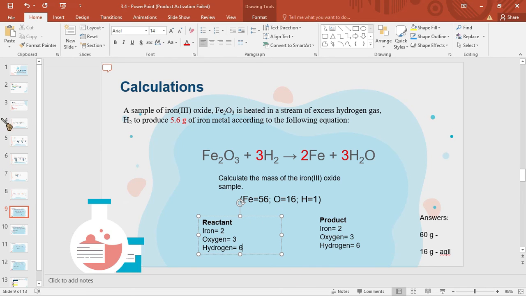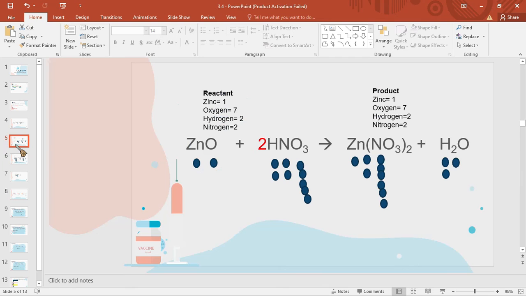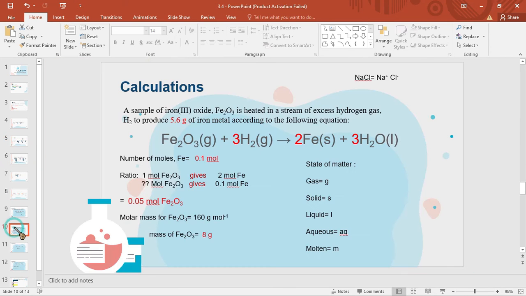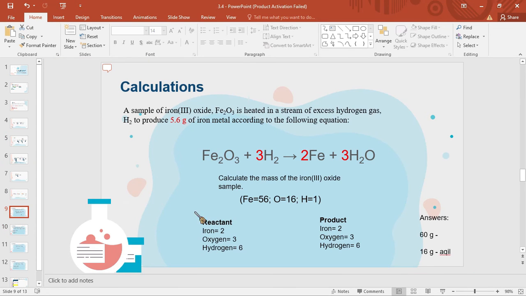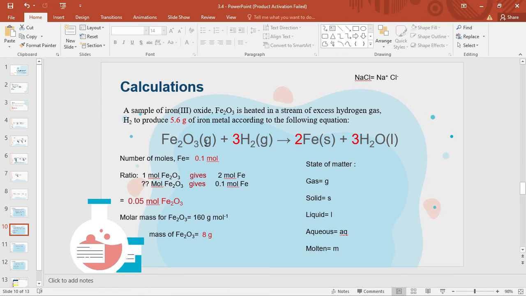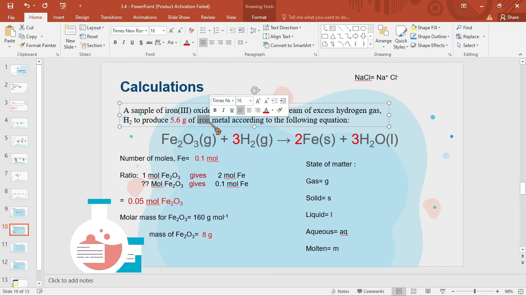Now we already balance here, now we proceed. Number of moles. In the question, they already give you 5.6 gram of iron Fe. This one is also iron metal, Fe, according to the formula.